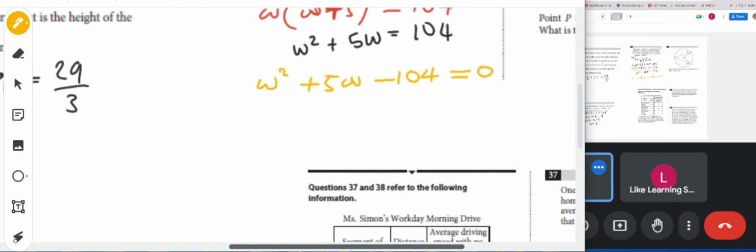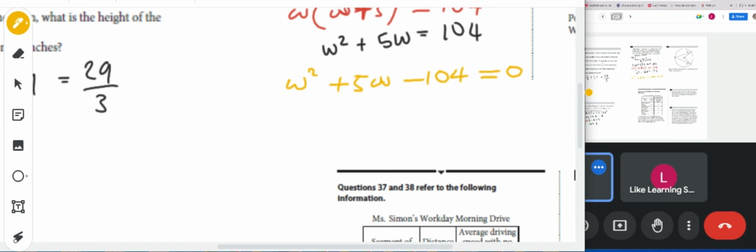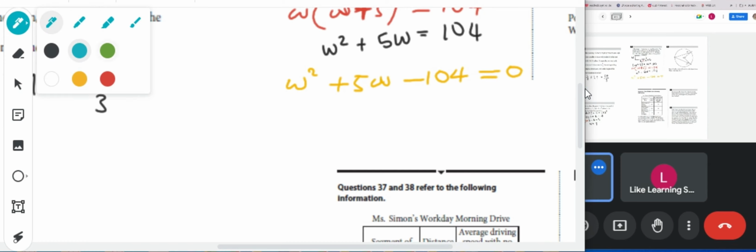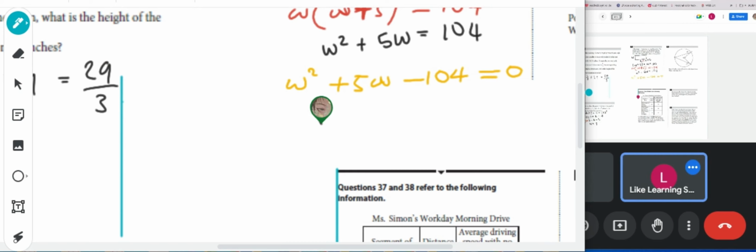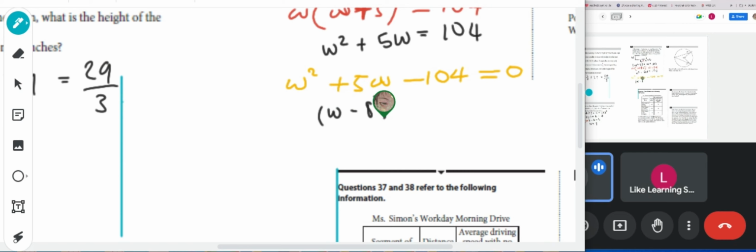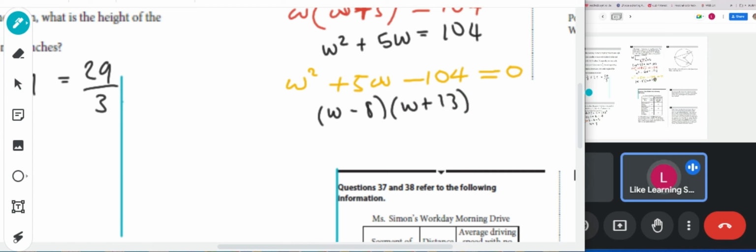Using your calculator, right? So the first one I got: W minus 8 and W plus 13. So it's factorizable, equals 0.